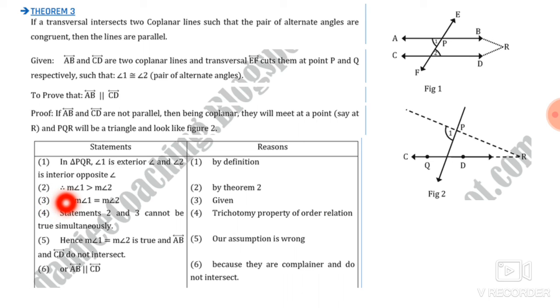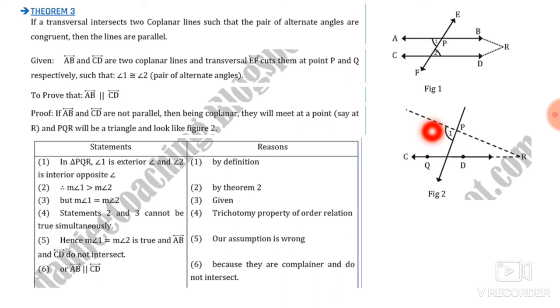Statement number 2, therefore angle number 1 will be greater than angle number 2, because this is an exterior angle of a triangle and this is its interior opposite angle. According to theorem number 2, we have learned that an exterior angle is greater than its interior opposite angle.